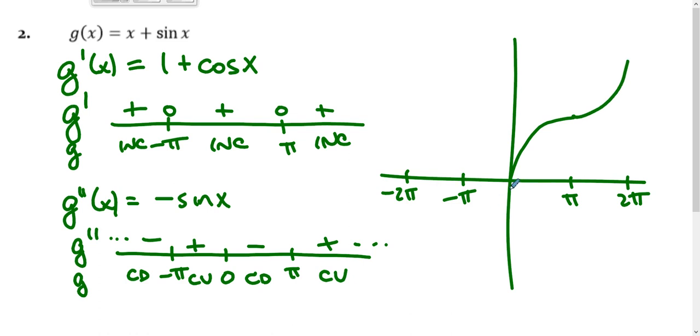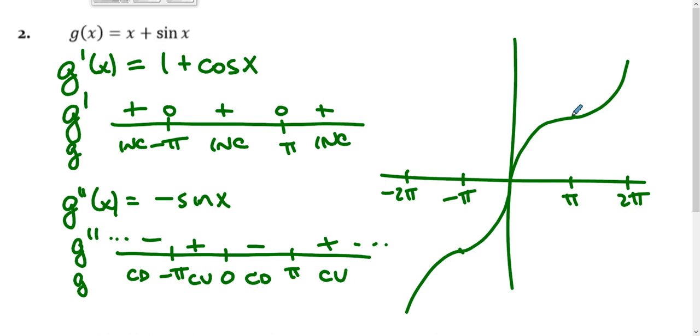Between negative pi and 0, g is increasing and concave up. Between negative 2 pi and negative pi, g is increasing but concave down. Increasing and concave down, increasing and concave up, increasing and concave down, increasing and concave up. And so you get this graph all the way through.